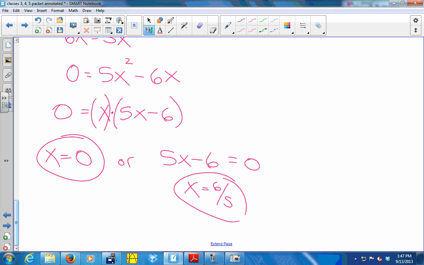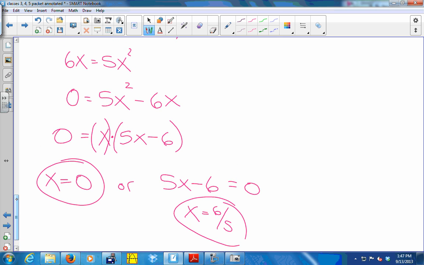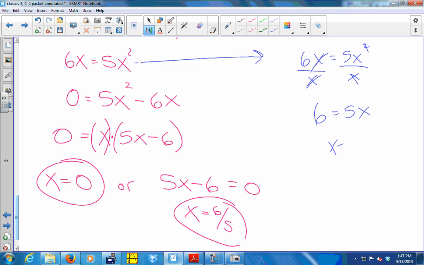So had we just divided by x up here, it's a very tempting thing to do, right? If we had 6x equals 5x squared, and we divided both sides by x, cancel, cancel, we would have gotten 6 equals 5x, and x equals 6/5, right?